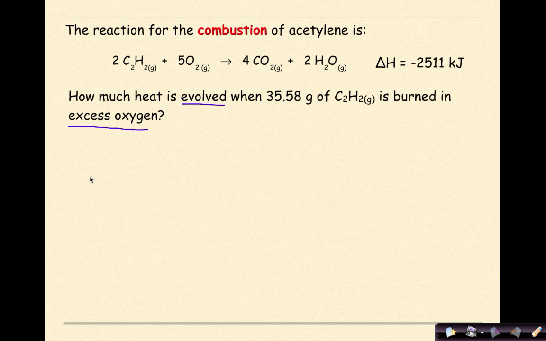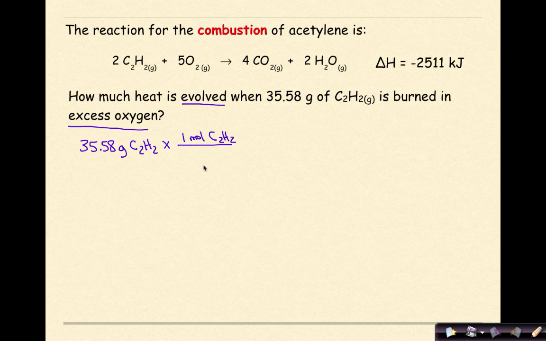So again, just like the previous problem, the first thing that I'm going to do is turn my mass into moles. So 35.58 grams of C2H2, multiplication sign and a line, 1 mole of ethine, or acetylene in this case, C2H2.